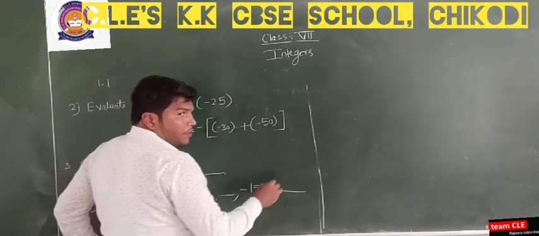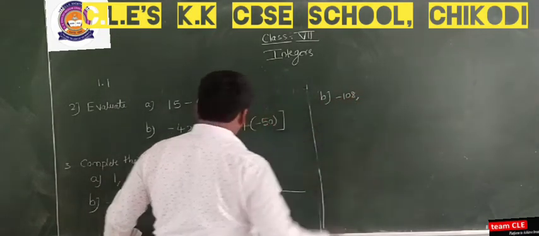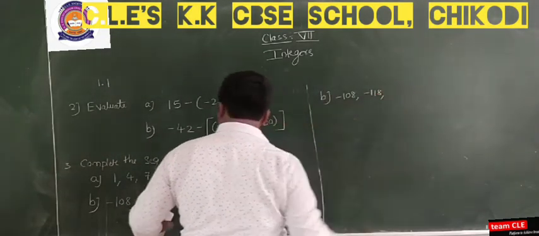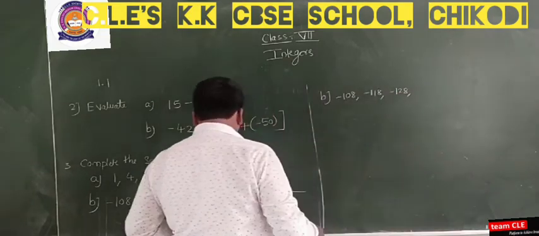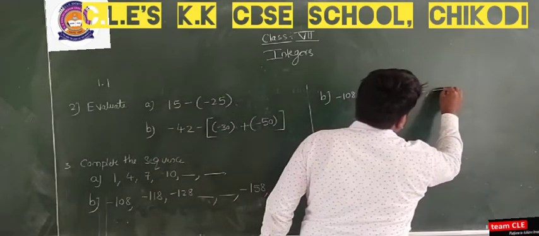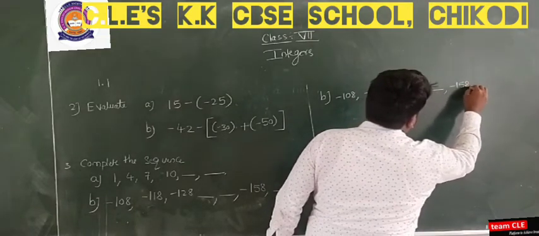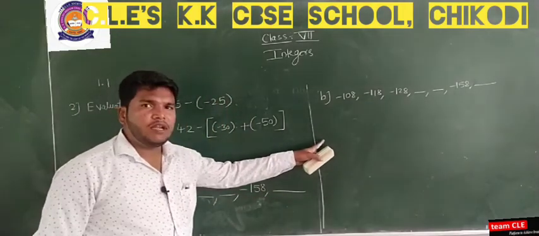Example B1: minus 108, minus 118, minus 128, and these are the terms I need to find, and the last term is minus 158, which I also need to find.